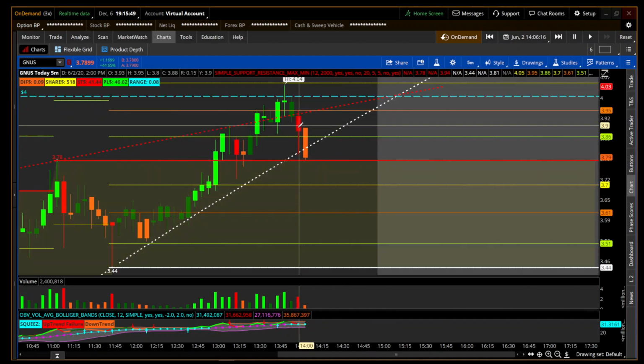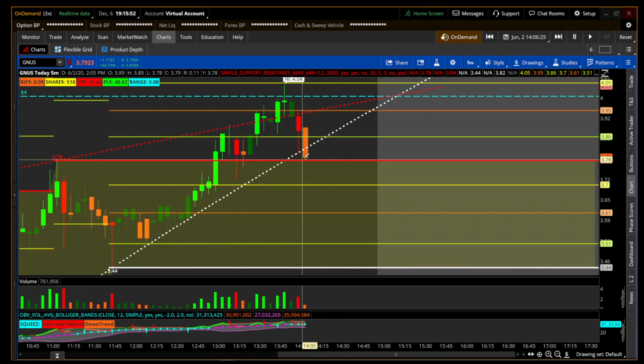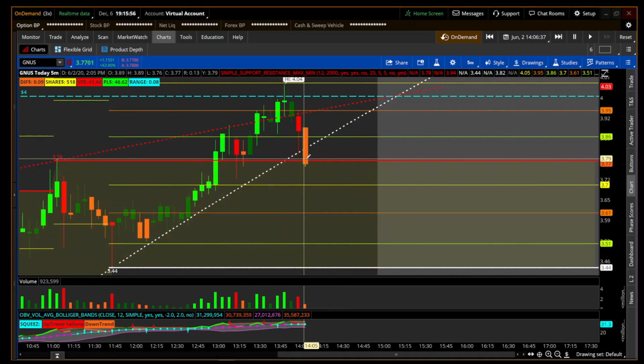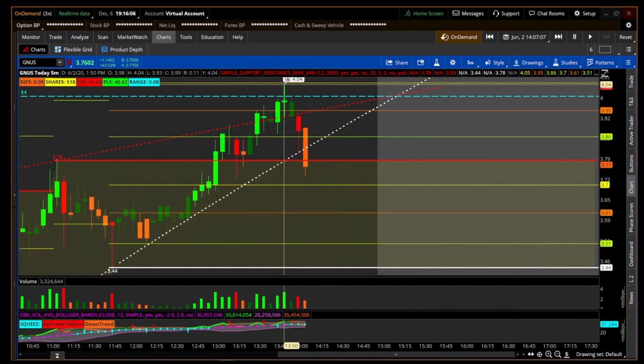Buyers did try bringing it back up at this fib. Now it's coming back to retest this area of support. Prior resistance becomes new support. And that gave you another pivot high, but it's not going to show until the next 12 bars.